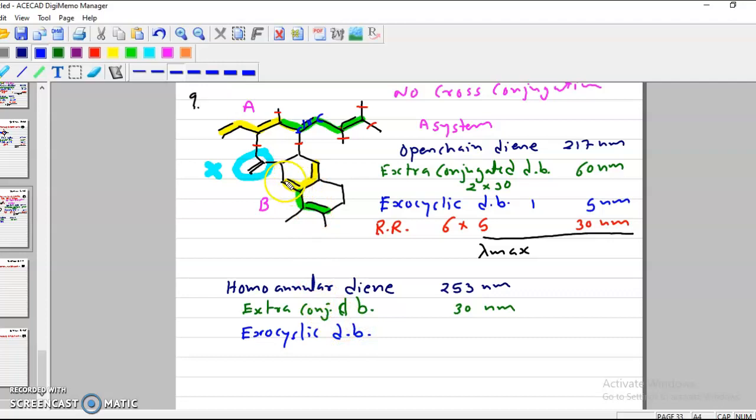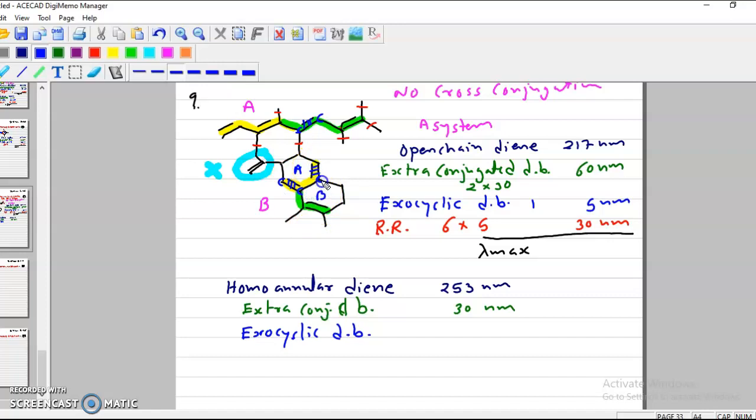For exocyclic, this carbon is a part of the ring, this is also in the ring, and therefore it is not an exocyclic for ring A. But if this is ring A and this is ring B, then for ring B, this carbon is in ring B, but the first carbon of this system is not in ring B, so it is exocyclic for ring B. Next one, it is also exocyclic for ring B. Why?